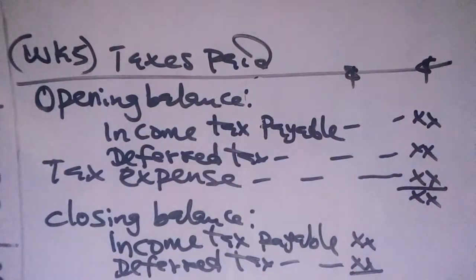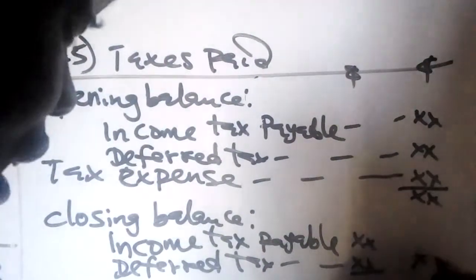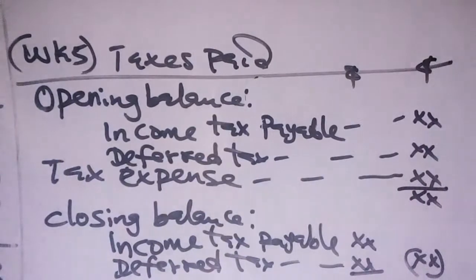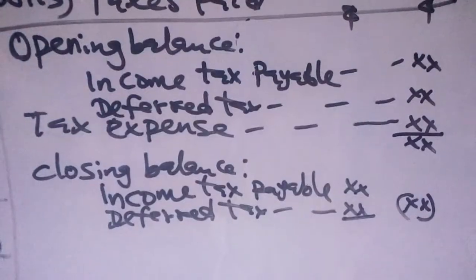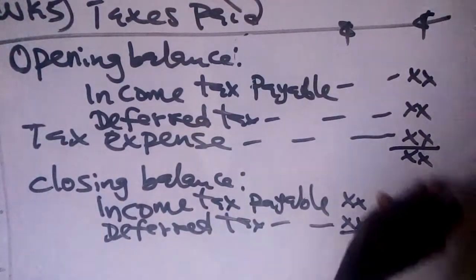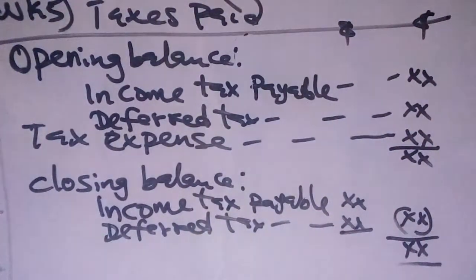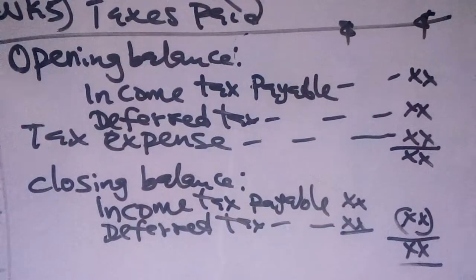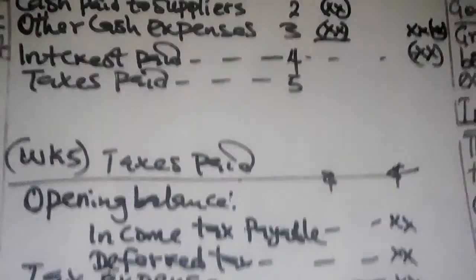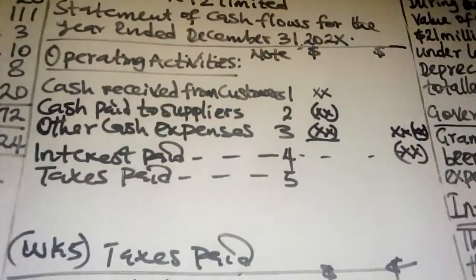So the total of the closing balances is this. When you subtract this from this total, then you get the taxes paid. It is this taxes paid that will be reported as operating activity here.